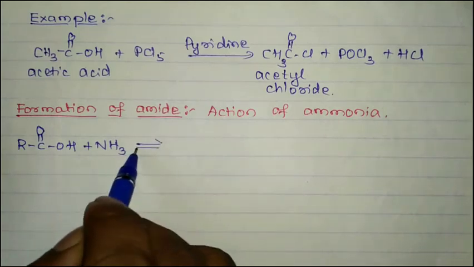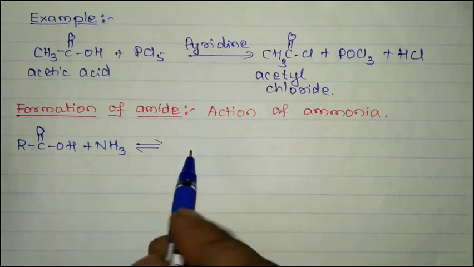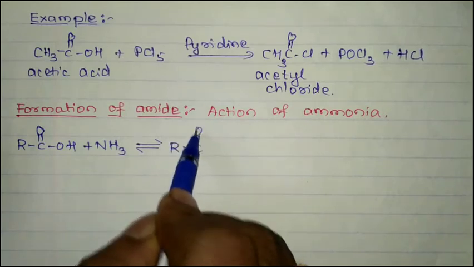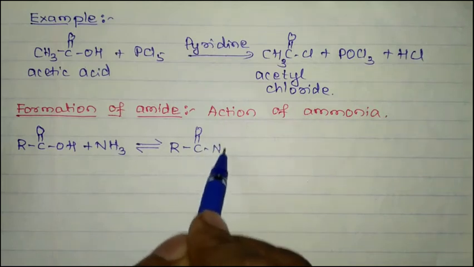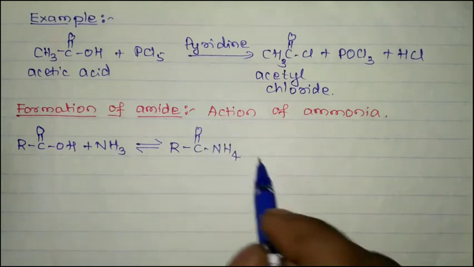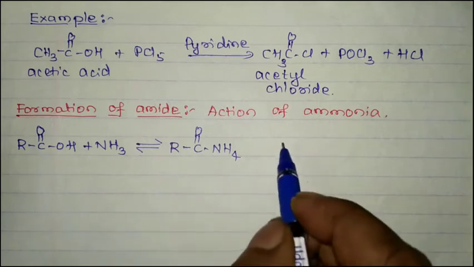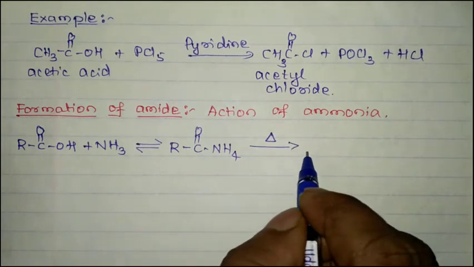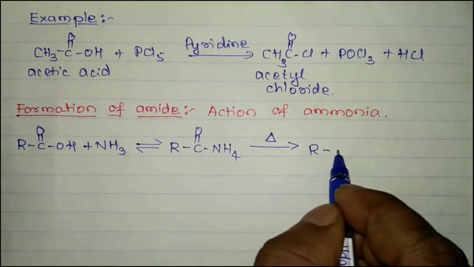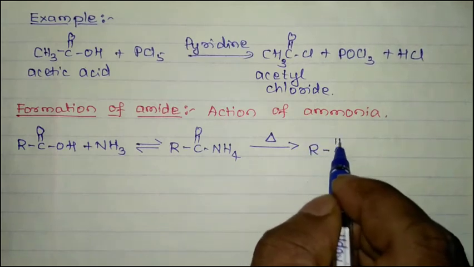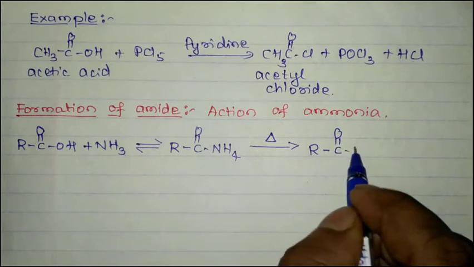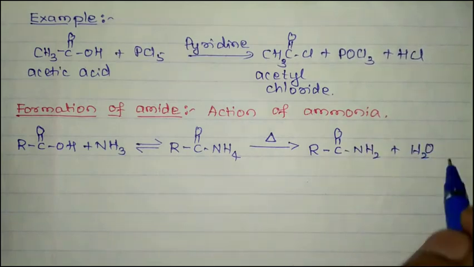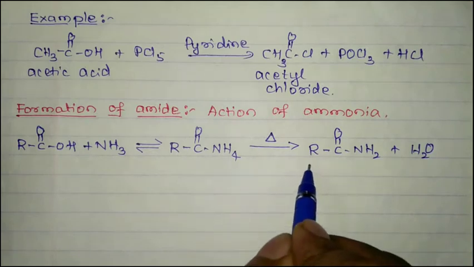Neutralization takes place and you are going to get a salt, ammonium salt of carboxylic acid, RCOONH4. This is just a neutralization reaction. Just heat it. It loses a molecule of water. Dehydration takes place. You are going to get acid amide, RCONH2, plus a molecule of water. This is acid amide.